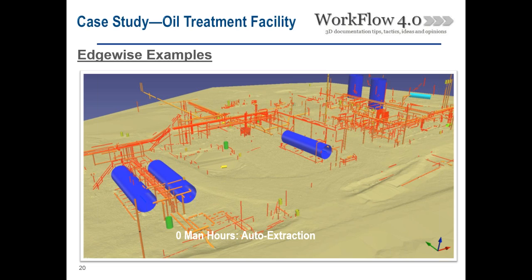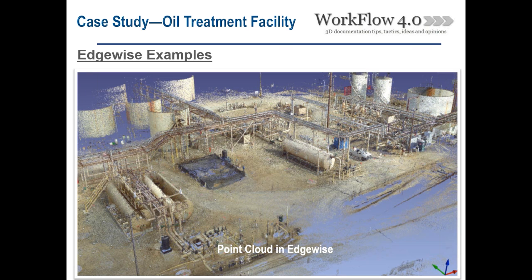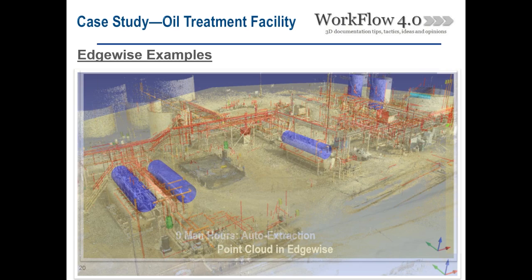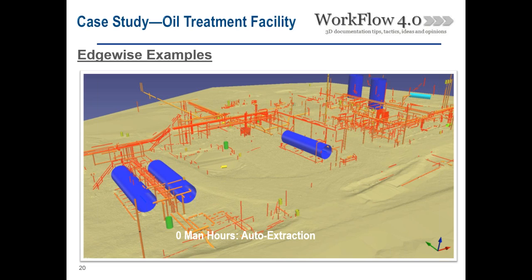There is still a portion where you have to go through manually and do some cleanup, delete some things, but it gives you a great head start being able to model a lot. So here again is the comparison from the point cloud image to what it automatically extracted. When you're dealing with a lot of pipelines, it's a great tool to give you a head start on your modeling.